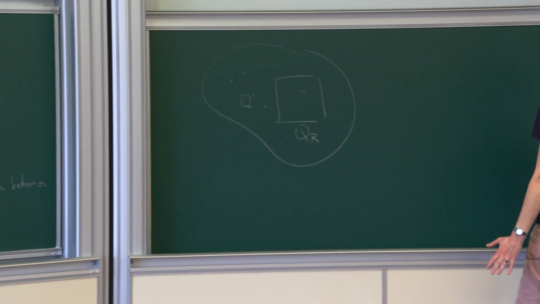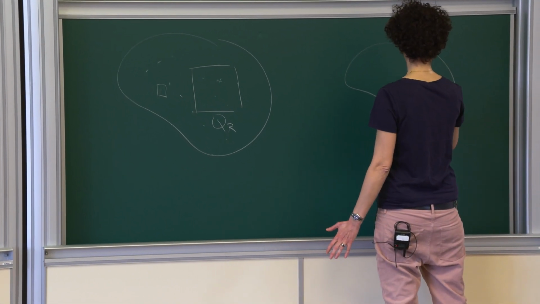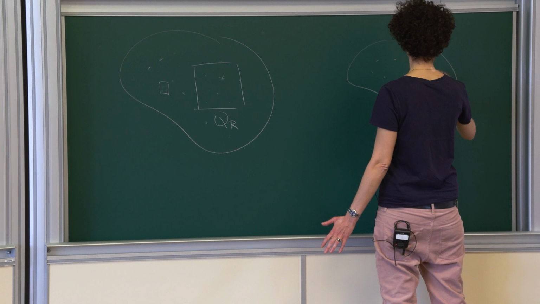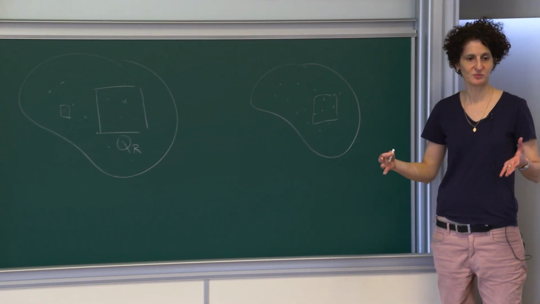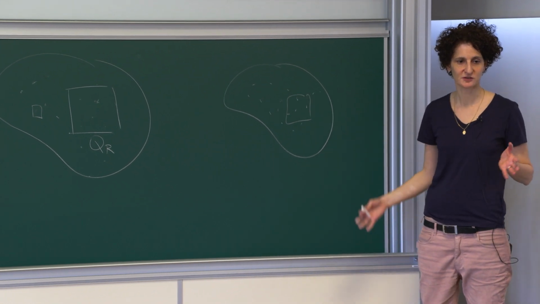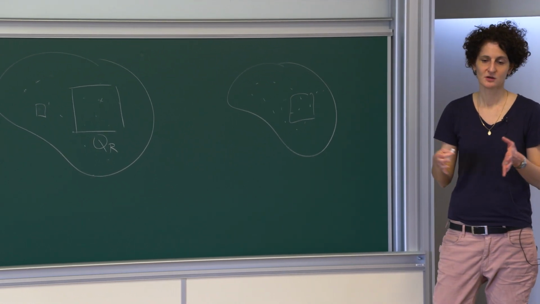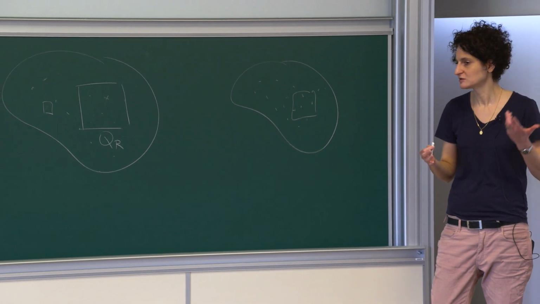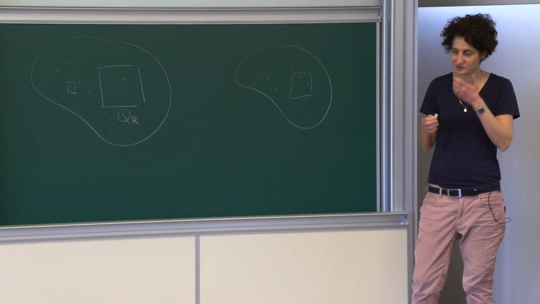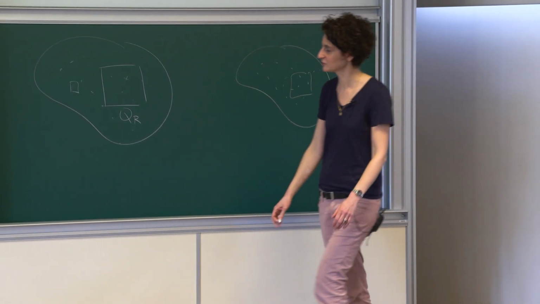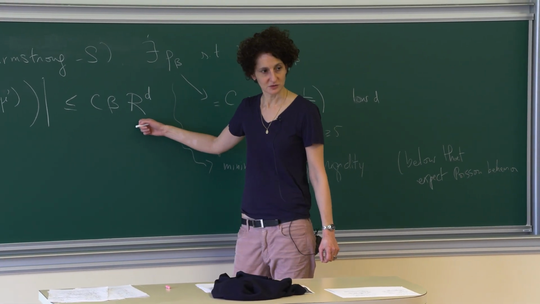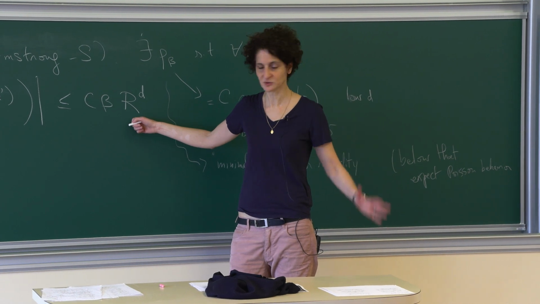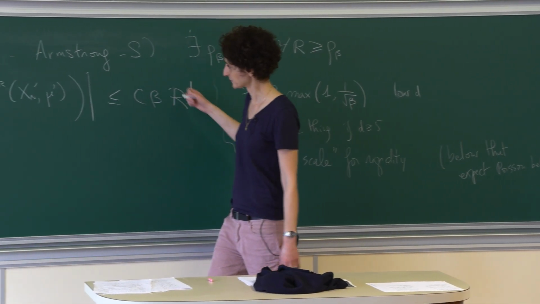Of course, the fact that you have to be above some fixed scale is normal, because you need to at least have a large number of particles before you start to say anything. If you go below the size where you see no particles, everything becomes empty anyway. But you can almost go down to r equals 1. I mean, you can go down to r equals some constant, and you have a bound.